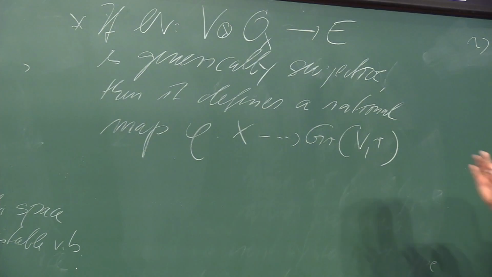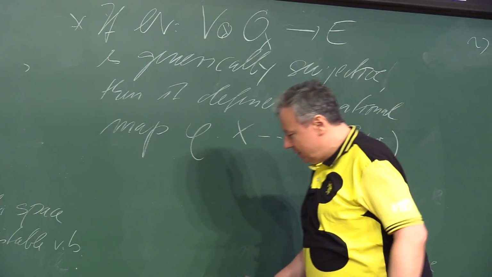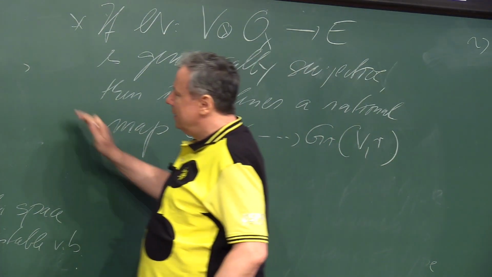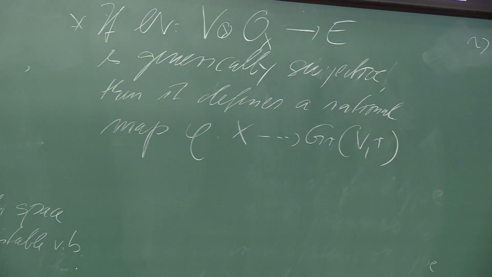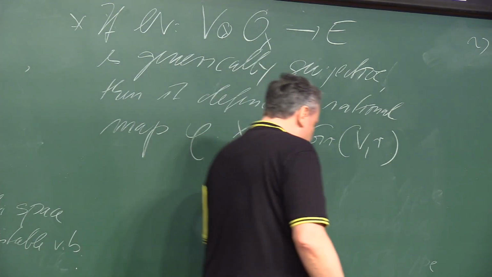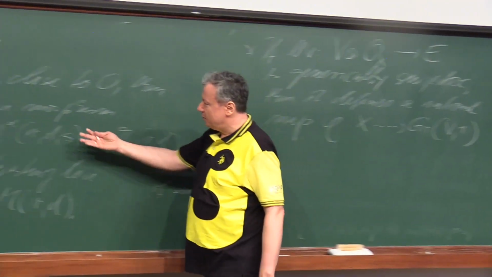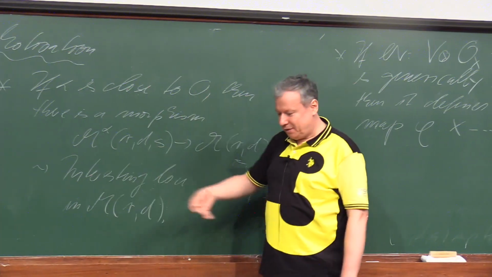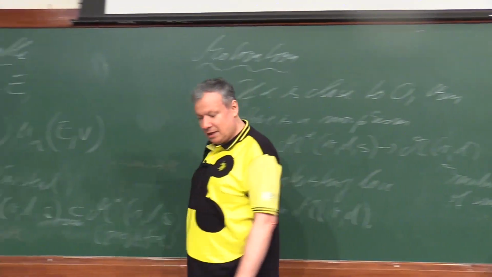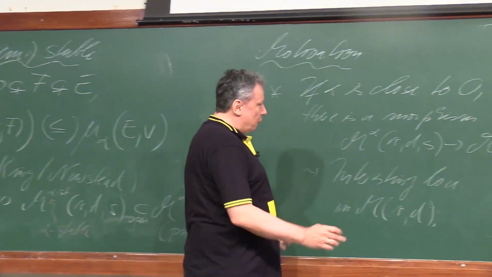Good. The basic problems in the setting of Brill-Noether moduli spaces of coherent systems, like when is this moduli space non-empty, when is it irreducible, when is it connected, and so on.